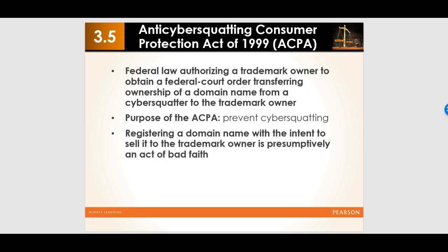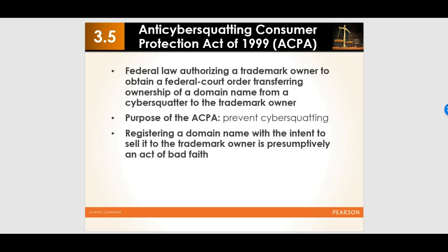And when BMW wants to come to Brazil, I would sell this domain to them. The fact that I did not have any business related to cars, and the fact that BMW is worldwide famous, there's bad faith on my side. It is presumed to be bad faith on my side because my own intention was to sell to BMW.